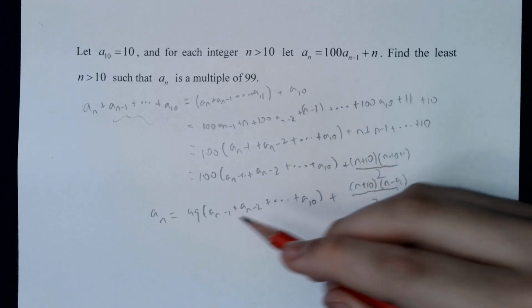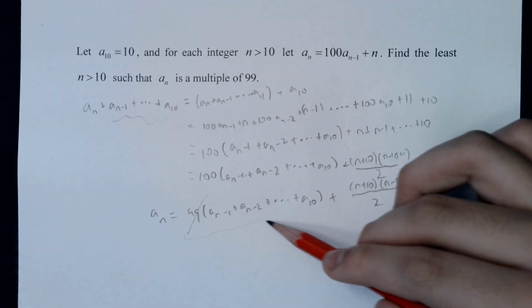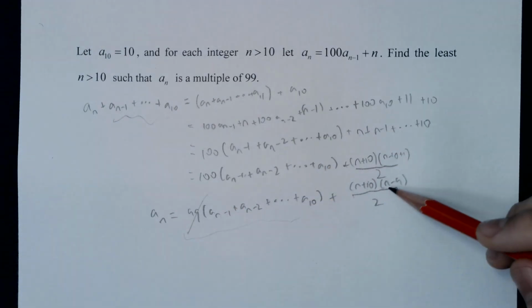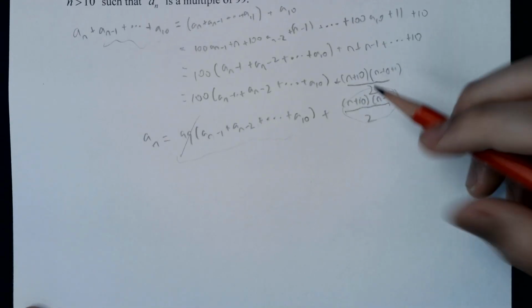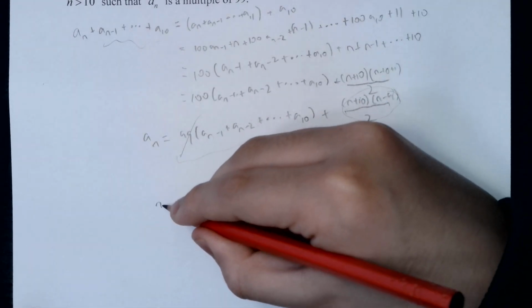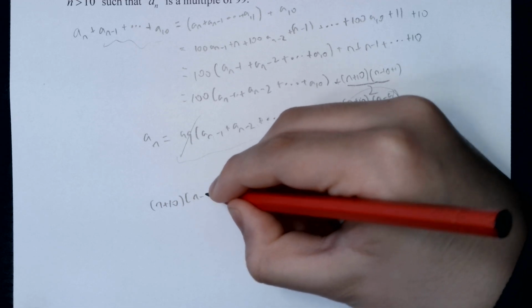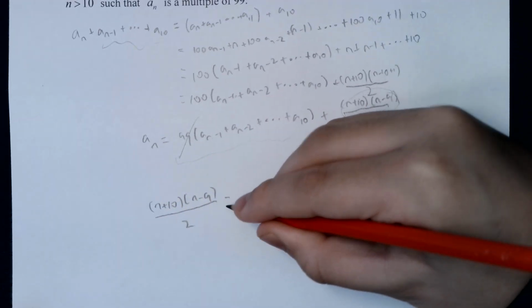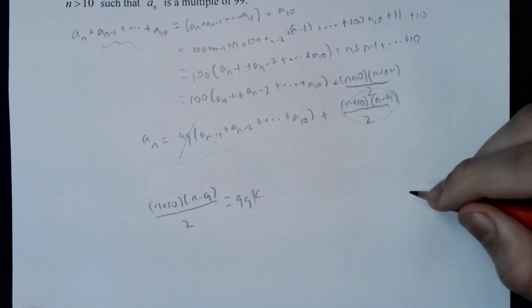Now here we don't need to care about the 99 anymore, as this part is obviously going to be divisible by 99, so we can forget about this part, and we just need to look at this, which should be divisible by 99. So now we're going to look at this separately. So n plus 10 times n minus 9 divided by 2 should equal, let's say, 99k, where k is a positive integer.